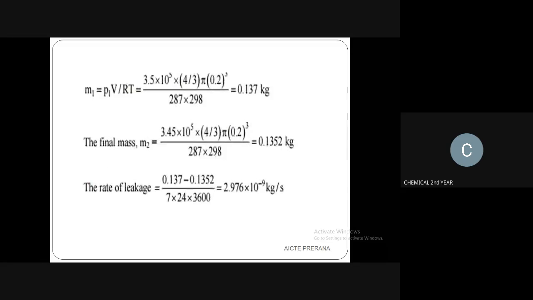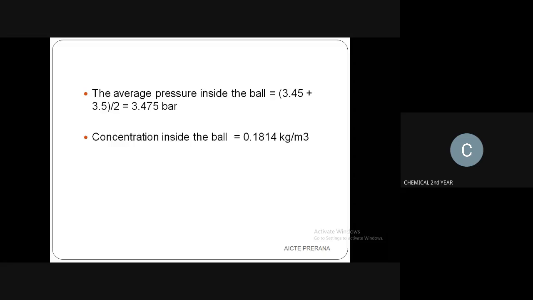You have to find out the initial mass and final mass with the help of the formula PV divided by RT, and from these two values M1 and M2 you have to find out the rate of leakage for 7 days. After that you find the average pressure inside the ball by summing the initial pressure and final pressure divided by 2.